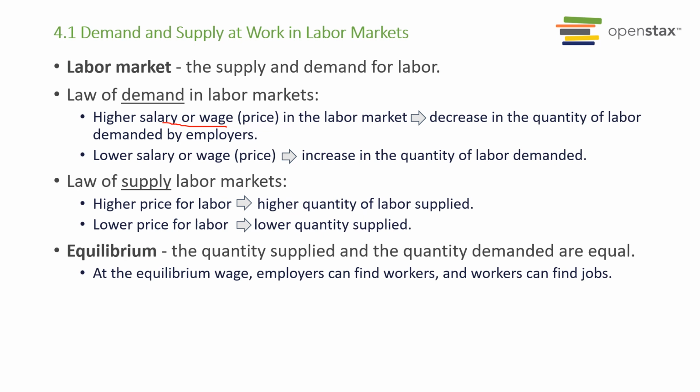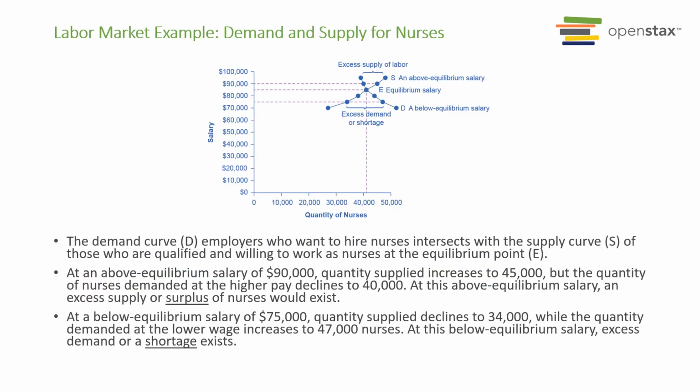The equilibrium is the intersection between supply and demand. The wage and the number of people hired in the economy are determined by the intersection between the supply of labor, all the individuals in the economy, and the demand for labor, the companies and firms hiring people. In this diagram, the vertical axis is not price anymore; it's wage or salary, and the horizontal axis is the quantity of labor.